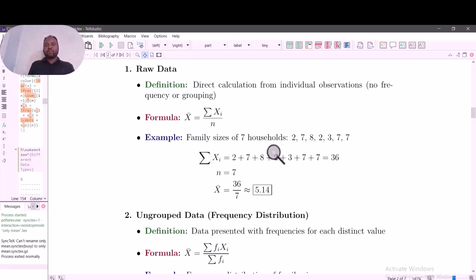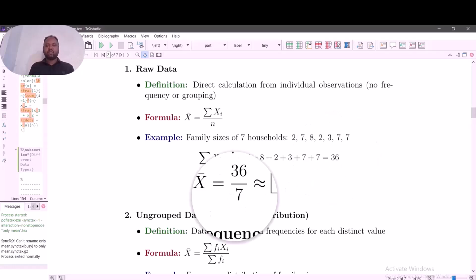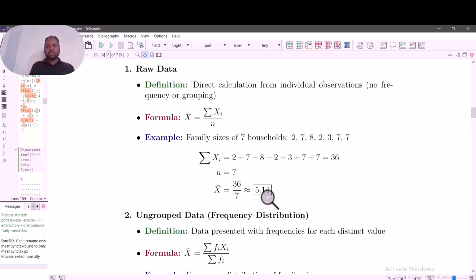First, we sum these observations, and we obtain the number 36, which is the total number of individuals in the 7 households. And we have n equal to 7 households. To obtain the average family size per household, we divide 36 by the number of households, and we come up with the result 5.14.